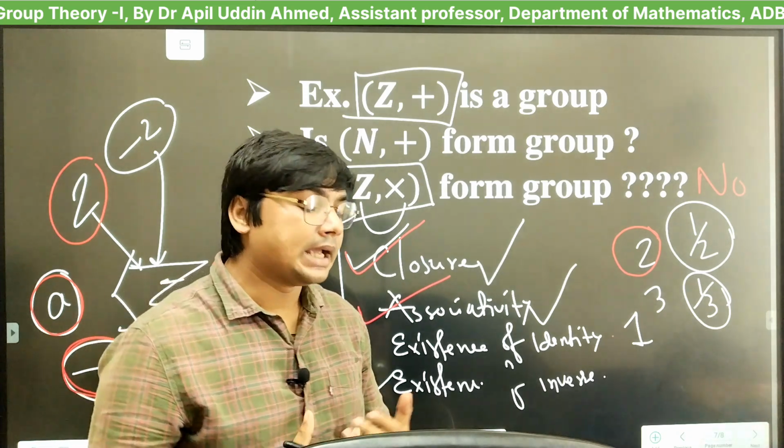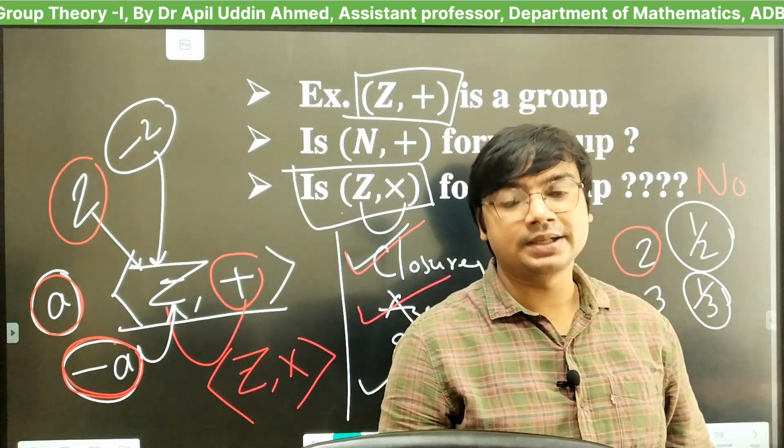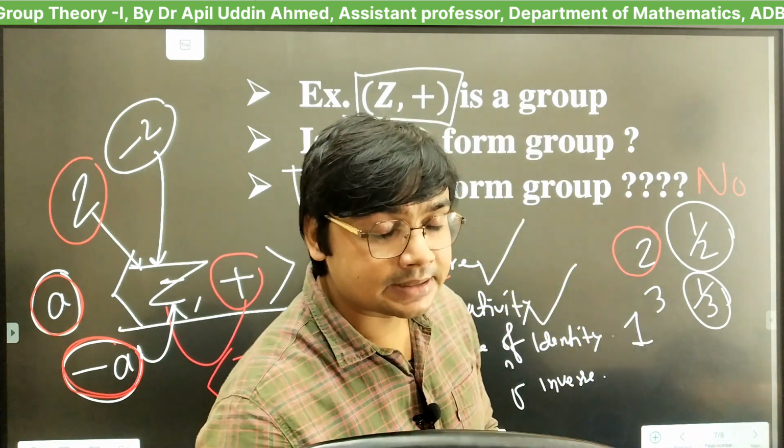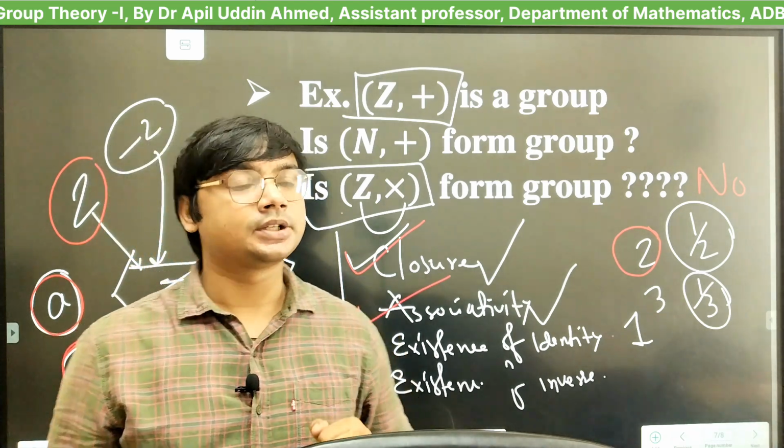There are many elements in Z which have no inverse in Z. So we can say the set of integers is not a group with respect to multiplication.